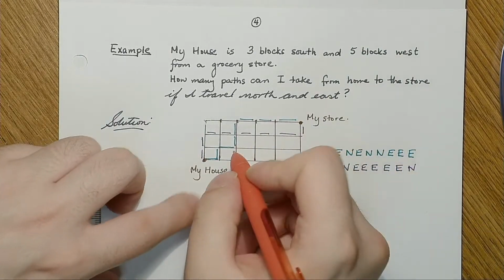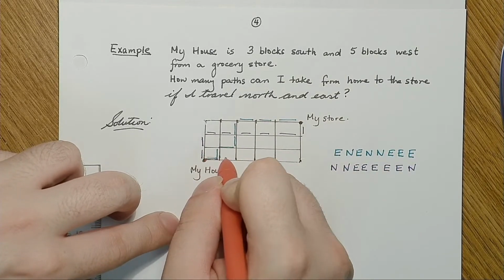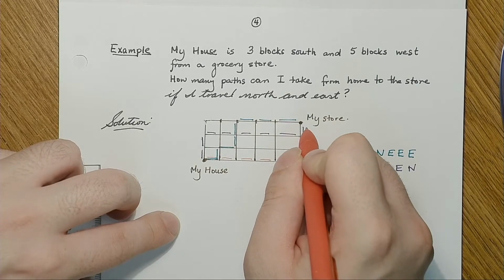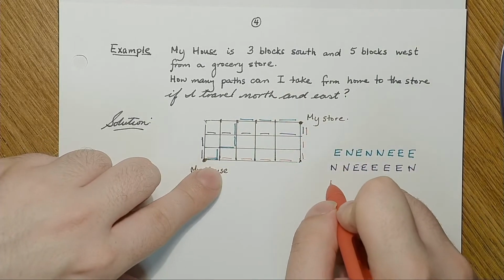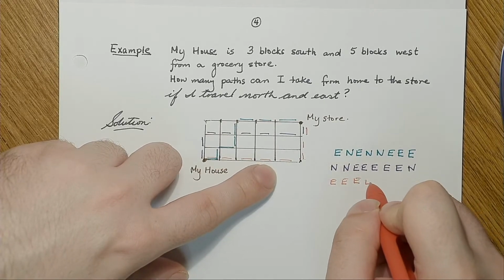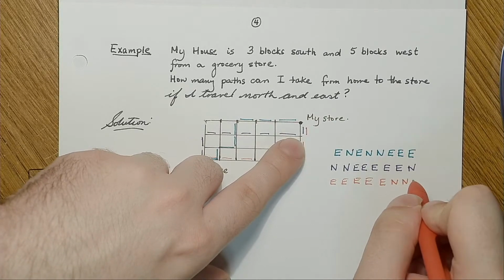Okay, this is going to take too much time if I keep doing what I'm doing right now. But 1, 2. I could go east, east, east, east, east, north, north, north.